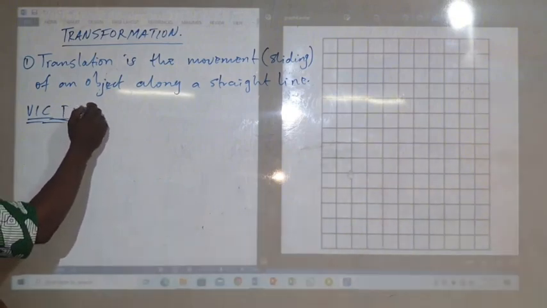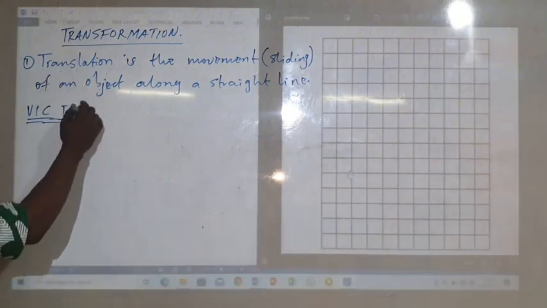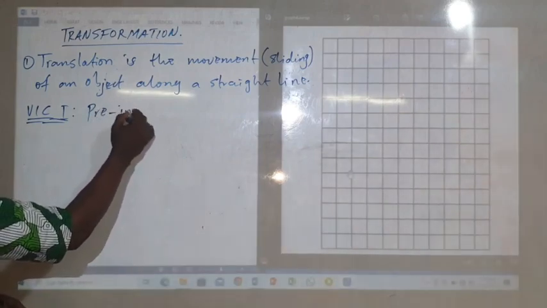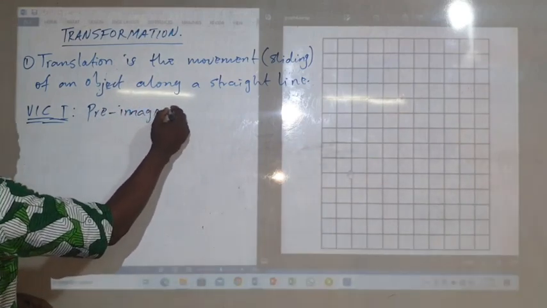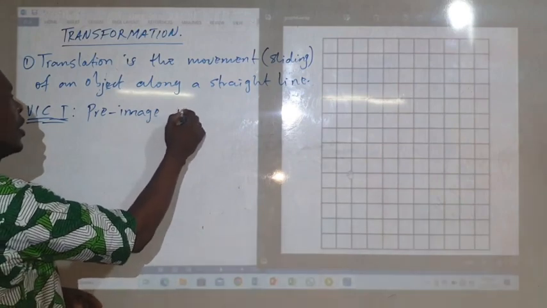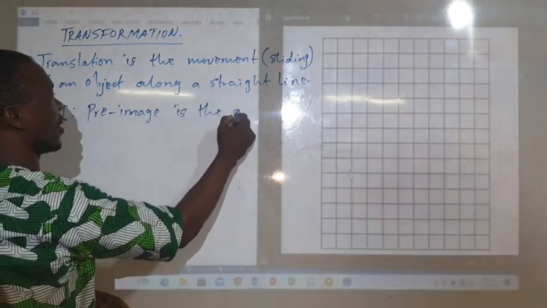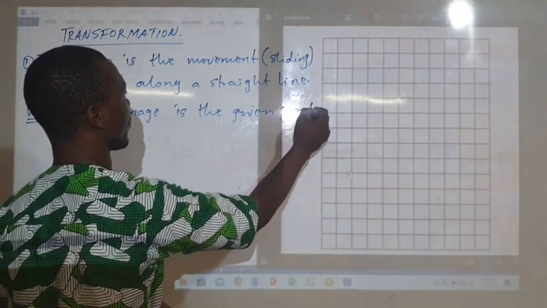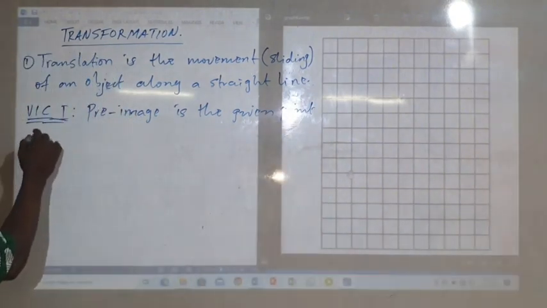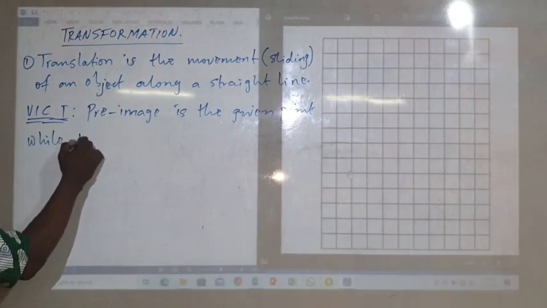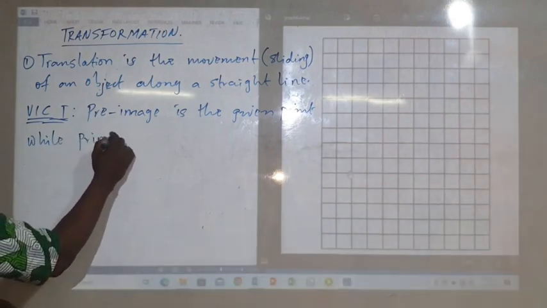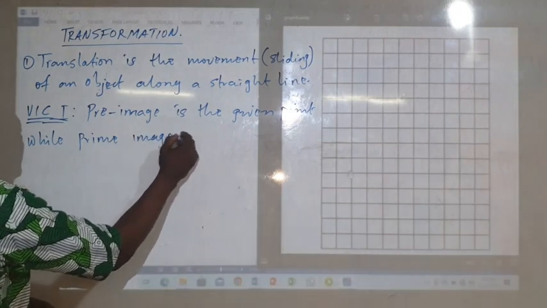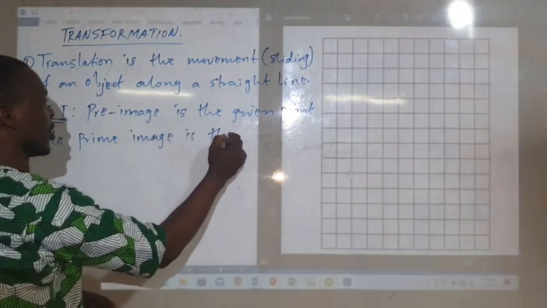To make use of translation, we are going to have the pre-image. The pre-image is the given point in the question. While the prime image is the result of the translation.